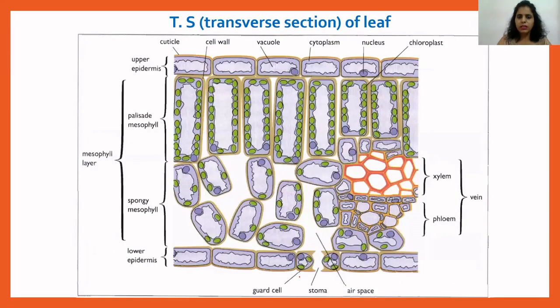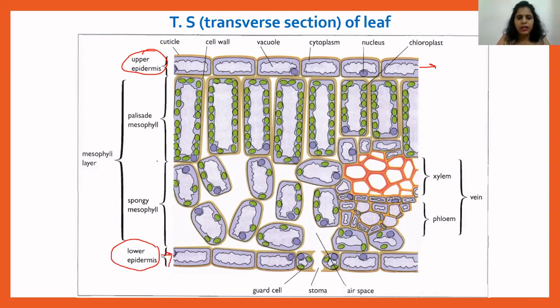The next image shows you the transverse section of the leaf. You can see here the upper layer is known as the upper epidermis, the first layer. The topmost layer of the leaf is known as the upper epidermis, and the lowermost layer of the leaf is known as the lower epidermis.